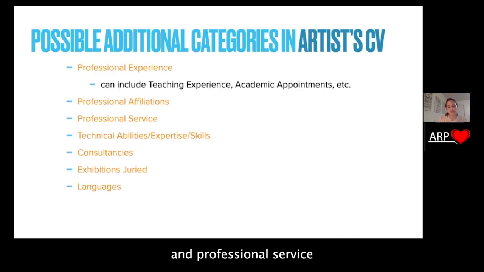Professional affiliations and professional service usually come towards the end of a CV. So if you're a member in any society, if you've served in any way for any art related society, that would go there. If you have any technical abilities, expertise, or skills, any consultancies that you've done, exhibitions you've juried, or languages.